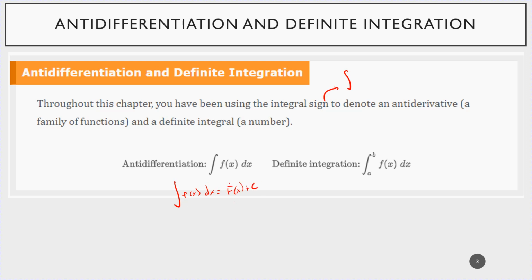This was a family of functions, because the constant of integration could be an infinite number of constants. Now we have this definite integral. When we solve this, remember we're going to use it to find an area, so it's going to be equal to some number. It's no longer a function. That's what we're driving towards, because it's going to be used to find an area.